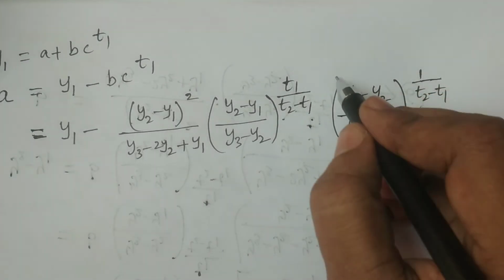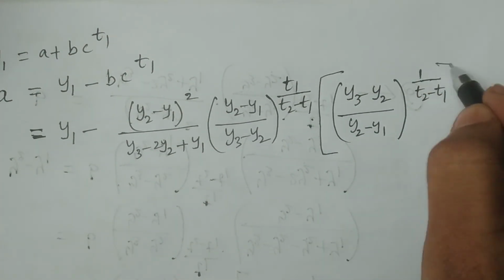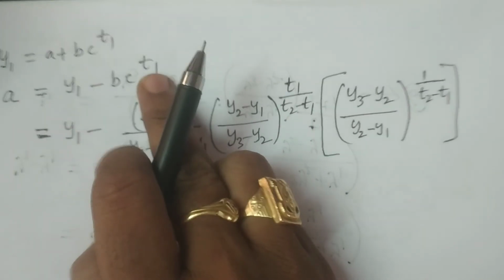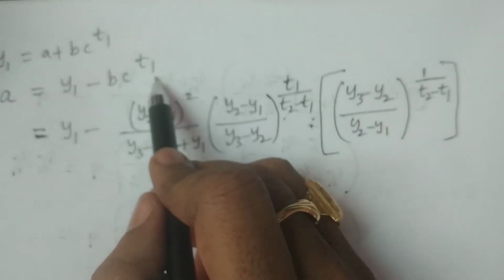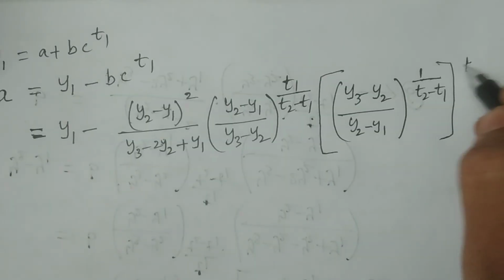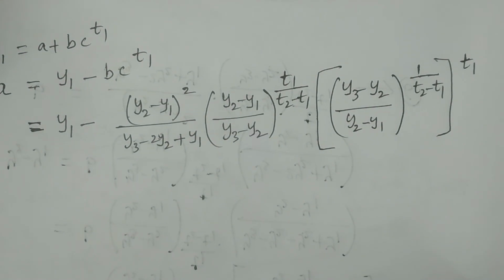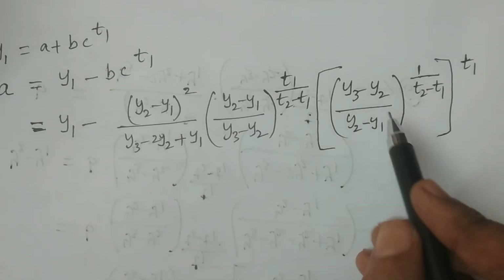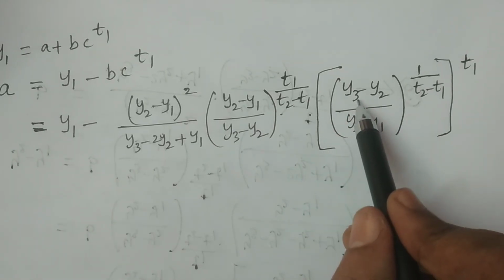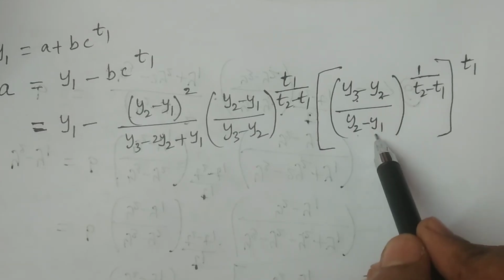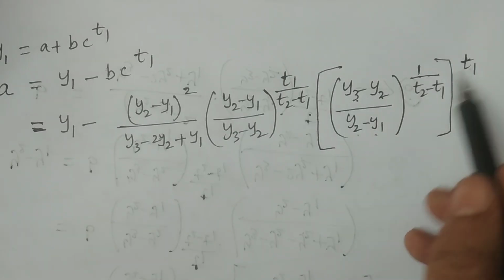Okay. Now whole power t1, c power t1. Is it okay? Right. Then now you see clearly, this is y3 minus y2 by y2 minus y1 whole power t1 by t2 minus t1.